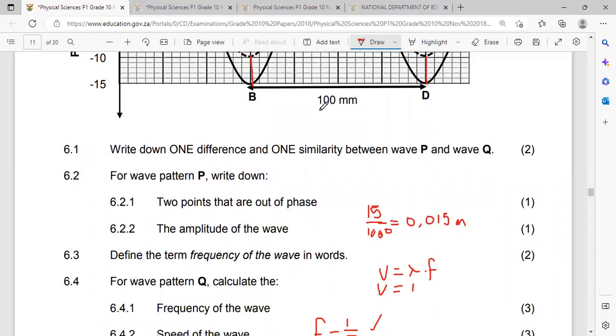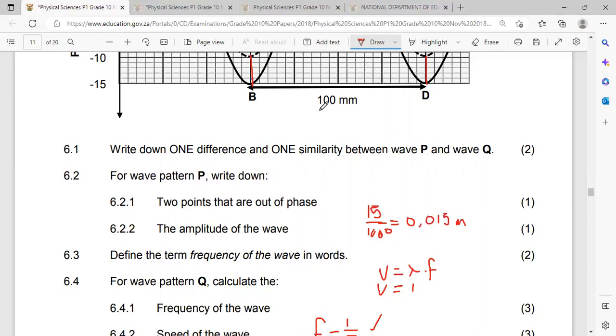Okay, how about I do this? I'm gonna use the wavelength and frequency first, and then I'm gonna use the wavelength and period afterwards, just to see if we get the same answer. Is that fine?